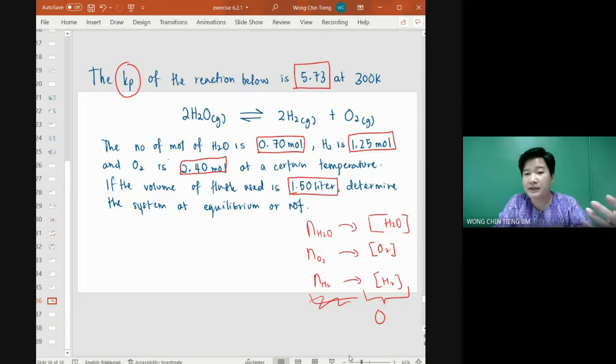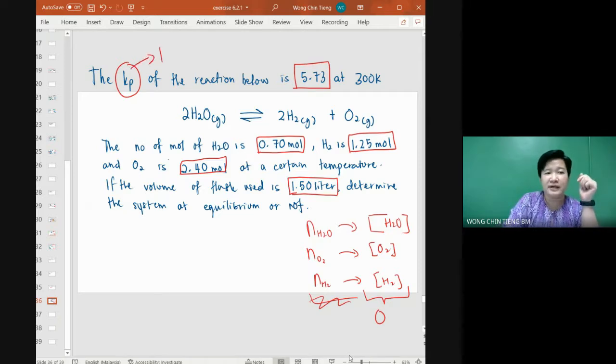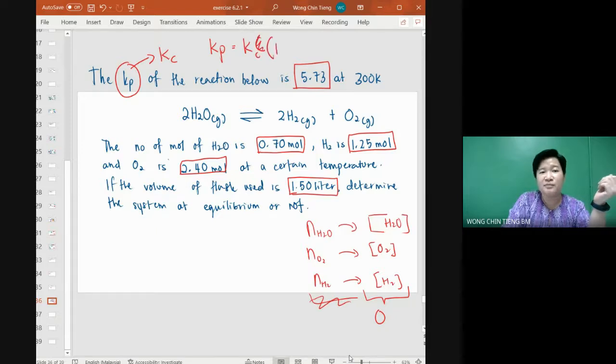They give KP, you find QP. They give partial pressure. So the trick of the question here is, the question does not give what you are looking for. The question started with KP. So Nurin said, I change this KP to KC, by using the formula KP equals KC (RT) to the power delta N.